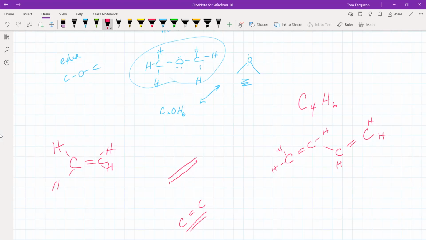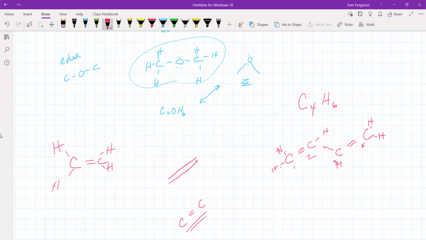Now notice, again, carbon has 4 bonds. 2 of the bonds are in the double bond, so that's 2, 3, 4. For carbon number 2, it's 1, 2, 3, 4. All the carbons here have 4 bonds, 2 of which are a double bond. And likewise, if we had a triple bond, 3 of the 4 would be in the triple bond.